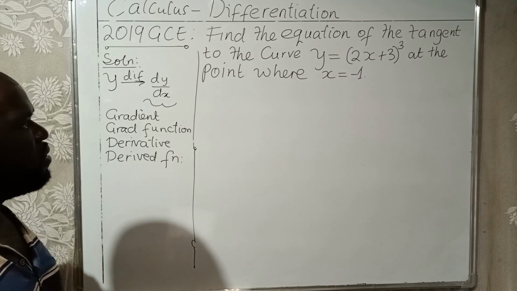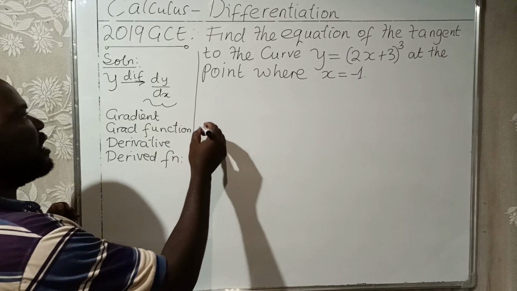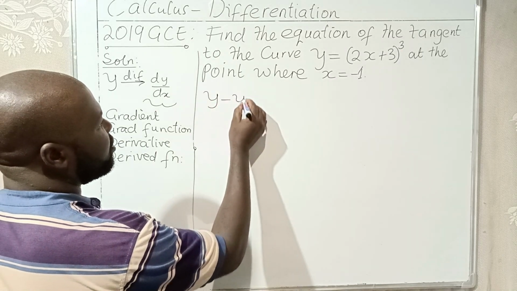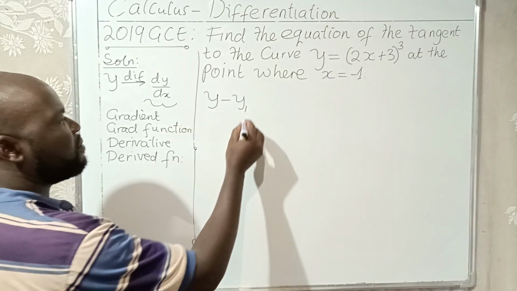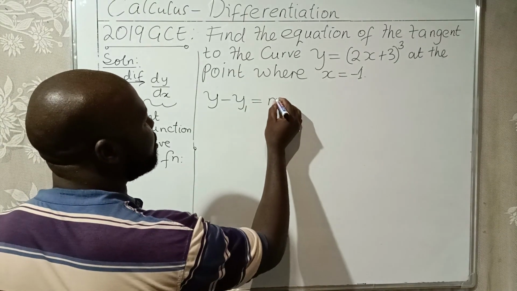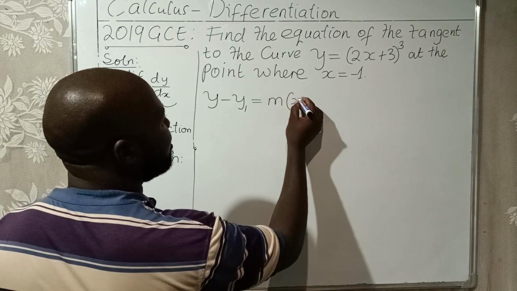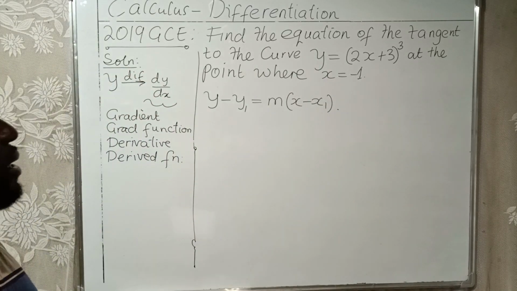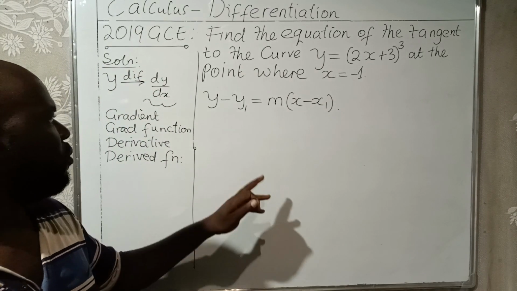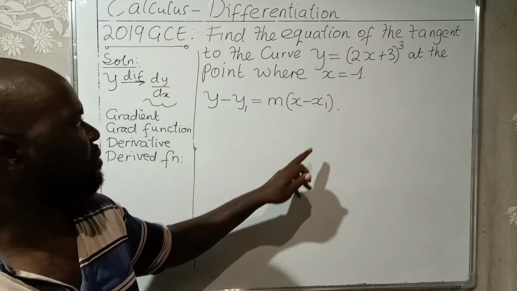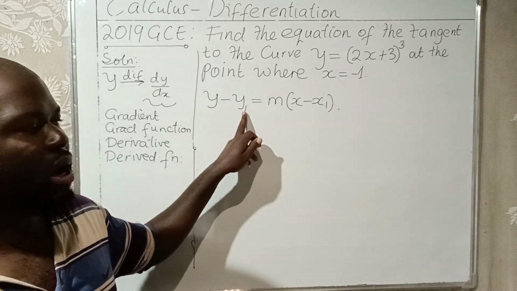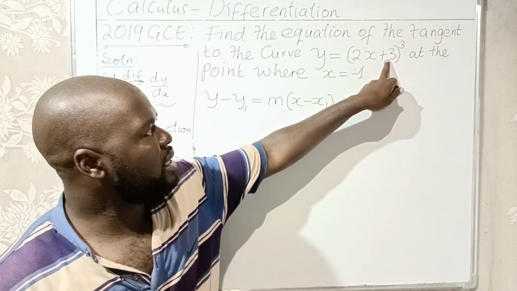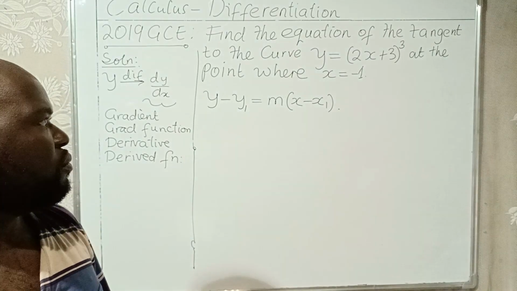We know that the equation of a straight line should look like y minus y1 is equal to m(x minus x1), where x1 and y1 is the coordinate that this function is passing through.